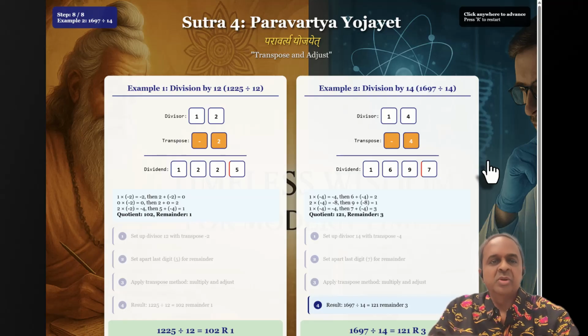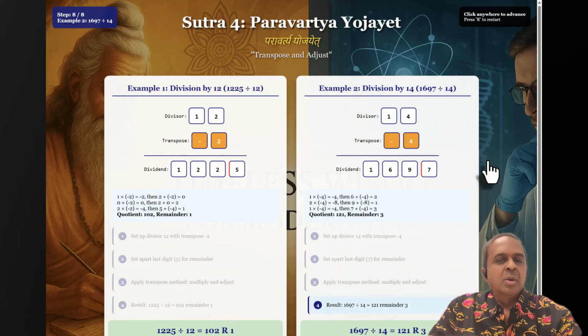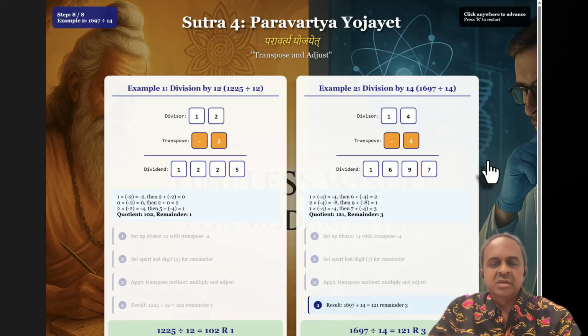So that's the beauty here. Today this principle appears in computer algorithms, digital signal processing, and advanced mathematical computations, including algorithms used in LLMs, large language models in AI.